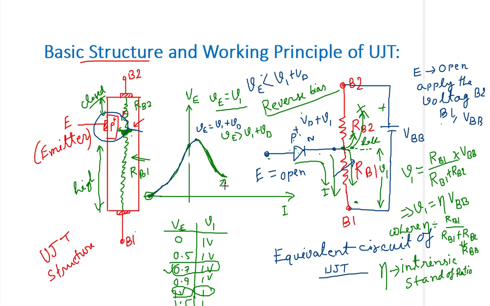This region is the valley point. After this point, the RB1 portion voltage does not decrease further. It is the minimum region. After that, when VE increases, this junction behaves as a normal PN junction diode, with normal PN junction diode characteristics.